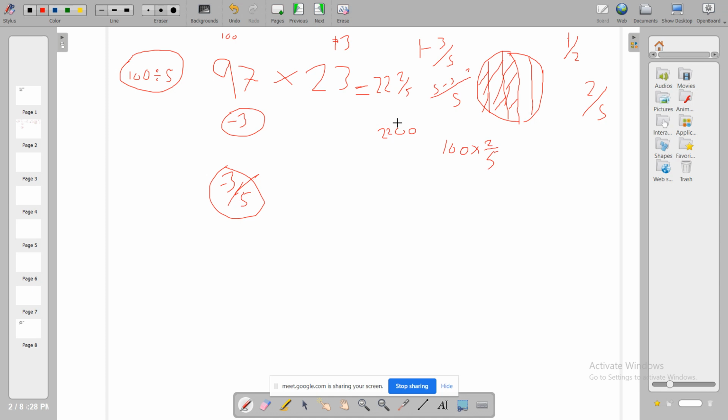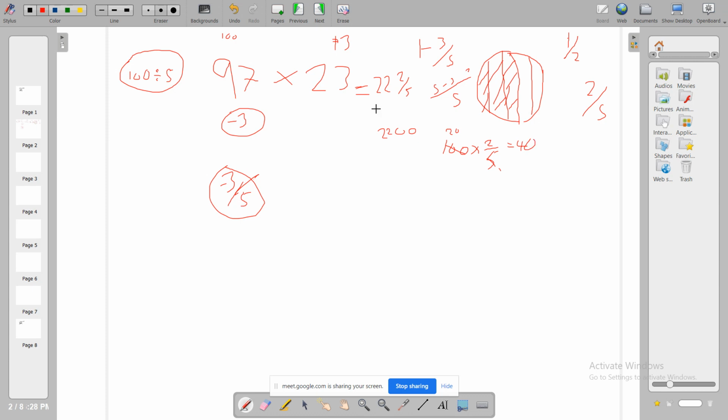100 times 2 over 5. The 5 will go into 100, which gives 20, right? Then 20 times 2 will be 40. So 2 over 5 out of this 100 is 40.